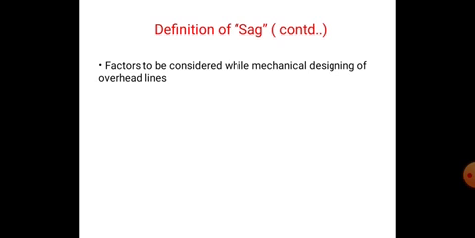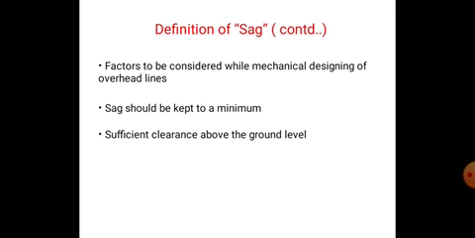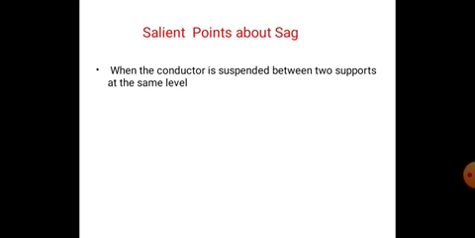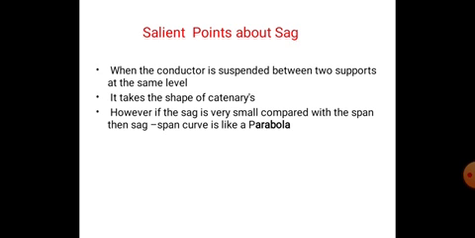B. Factors to be considered while mechanically designing overhead lines. The sag should be kept at a minimum, with sufficient clearance above the ground level. When the conductor is suspended between two supports at the same level, it takes the shape of a catenary.